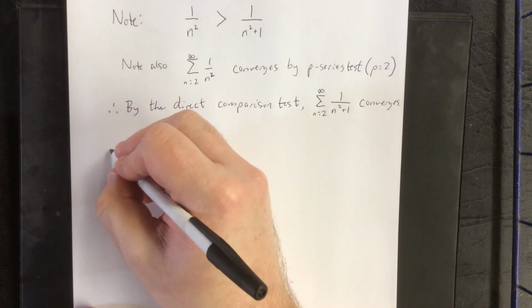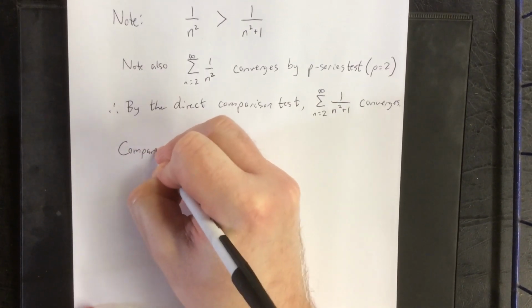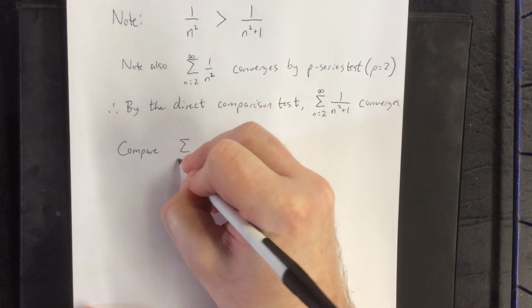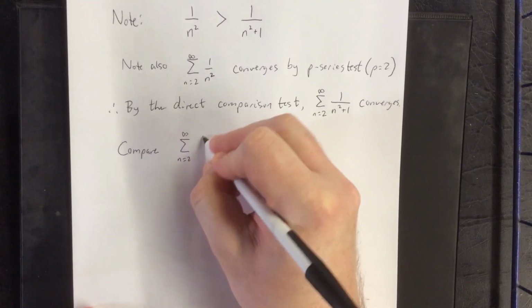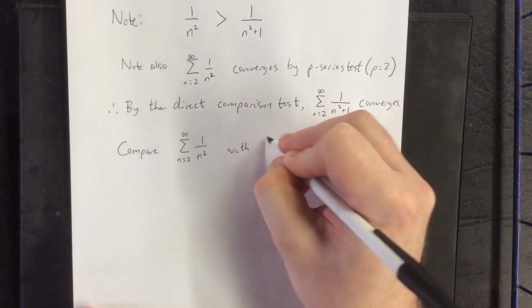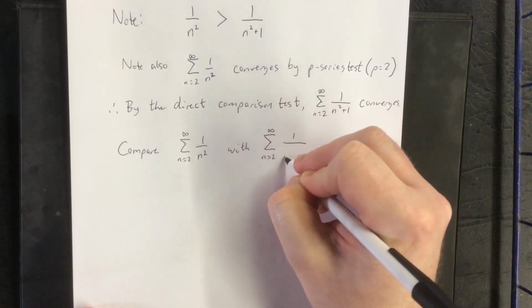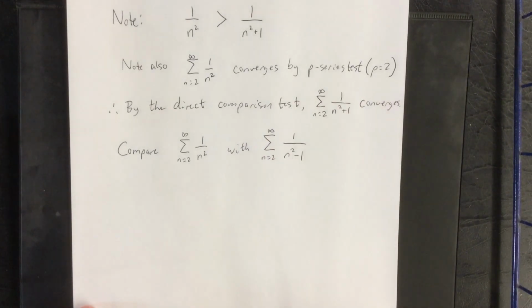However, let's consider the other two that we had up there. If we were to compare the sum from n equals 2 to infinity of 1 over n squared with the sum from n equals 2 to infinity of 1 over n squared minus 1.